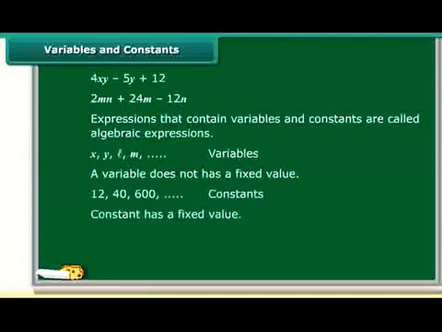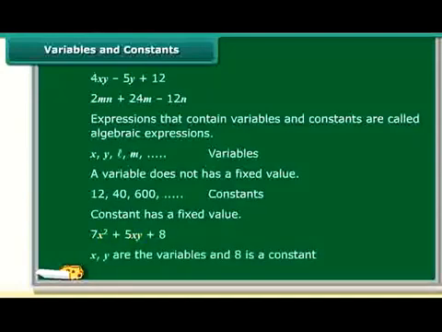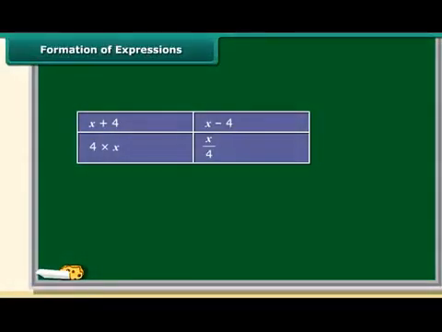So in an expression 7x squared plus 5xy plus 8, x and y are the variables and 8 is a constant. Algebraic expressions are formed by combining variables and constants with the help of addition, subtraction, multiplication, and division.